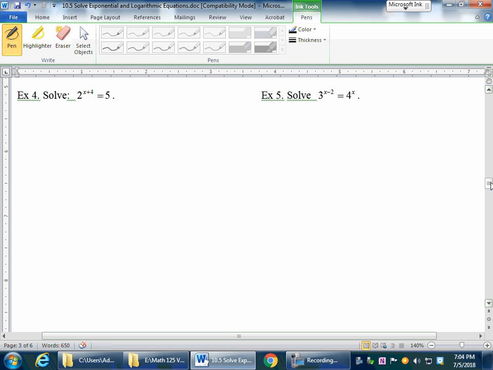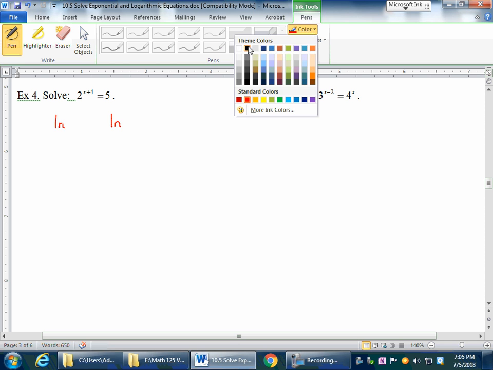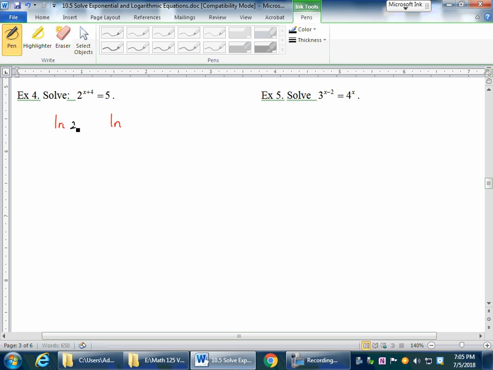So I already have the one exponential on the left hand side, and on the other side there's a number, and then we know that 2 cannot be rewritten as base 5, or 5 cannot be rewritten as base 2. So now our only choice left is to take the logarithm on both sides. So I take ln on both sides. So that will become ln of 2 to the x plus 4 power equal to ln of 5.